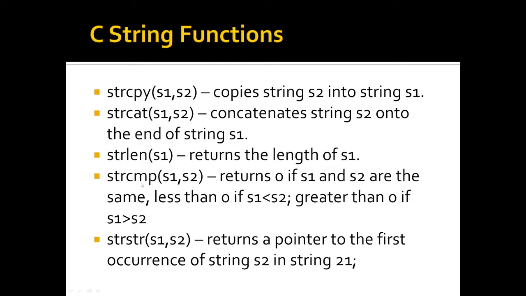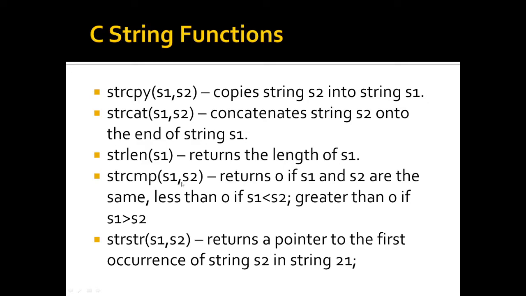And then strcmp(s1, s2) returns 0 if s1 and s2 are the same. So if they are equal, it returns 0. It returns less than 0, or a negative number, if s1 is less than s2. And then a value greater than 0 if s1 is greater than s2.